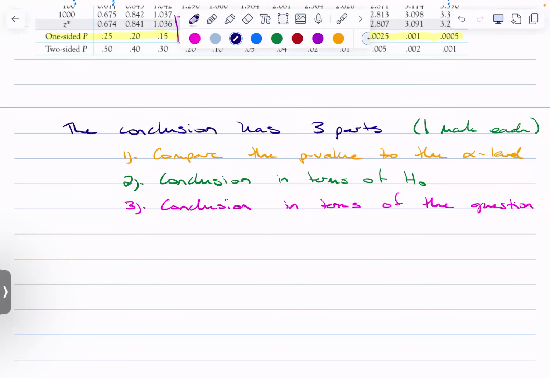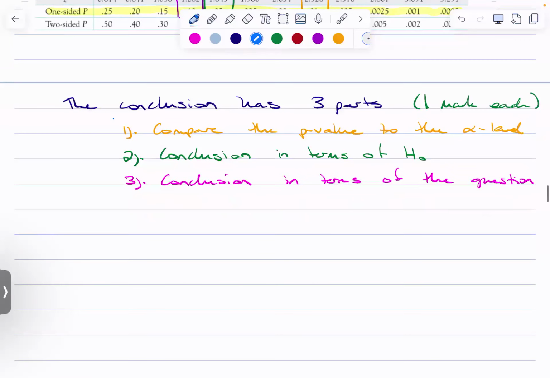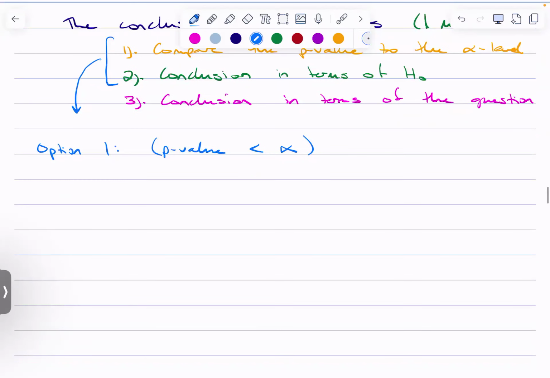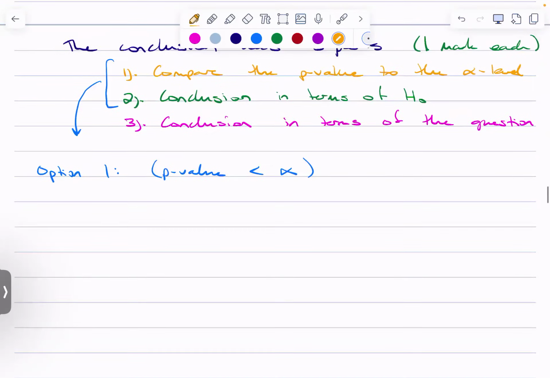So in terms of the first 2 parts, Option 1 is if the p-value is less than alpha. It would go a little something like this.